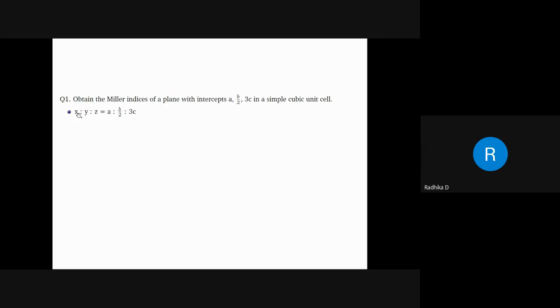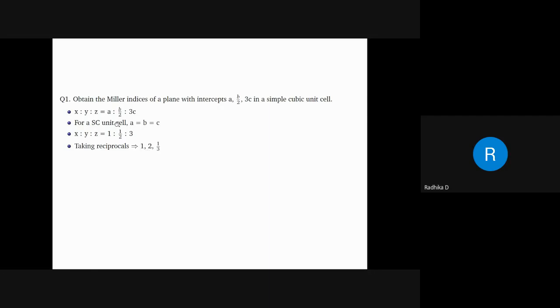Now, what did we do? We took it in three directions, X, Y, Z: A, B by 2, 3C. And then we applied this condition for a simple cubic unit cell, A is equal to B is equal to C. So your intercepts now become 1, 1 by 2, 3. Next step, take reciprocals.